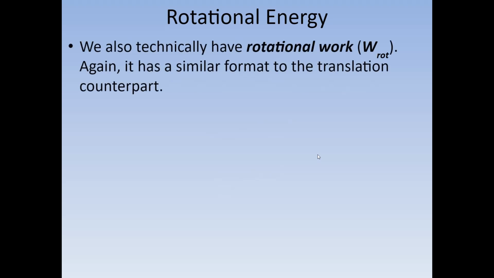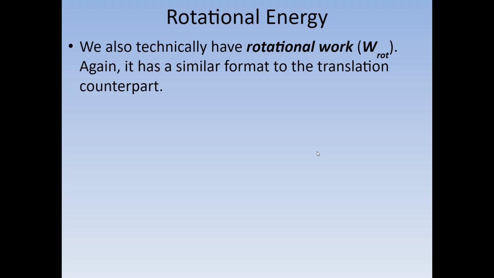Right? Now, we could also have rotational work technically, because remember, work in general just means a change in energy. So obviously, we can have our rotational kinetic energy change. And just like we said before, with work being the force acting on an object to change its energy, we could do the same thing where we replace the term force with the term torque, and we end up getting the rotational work.